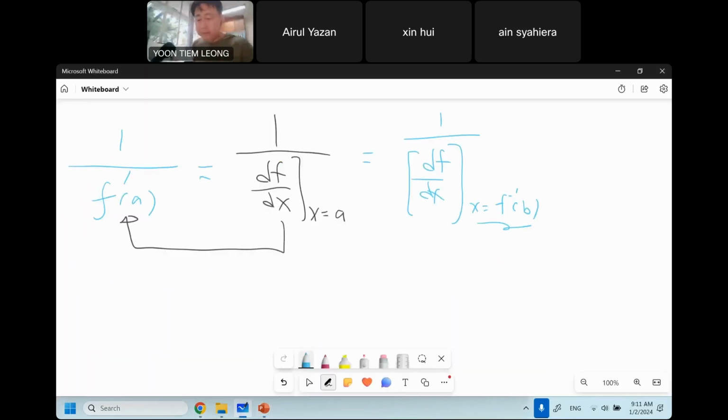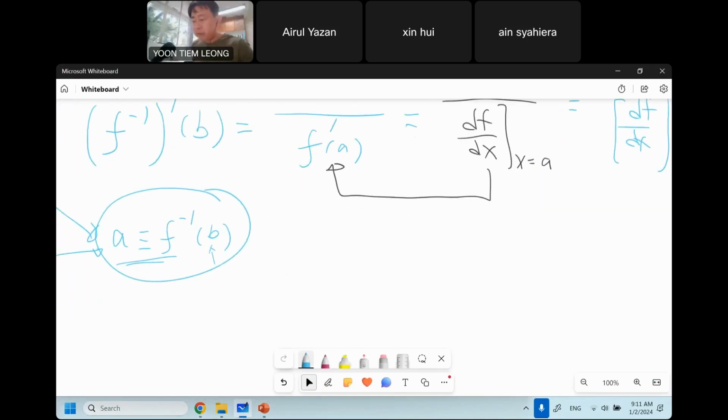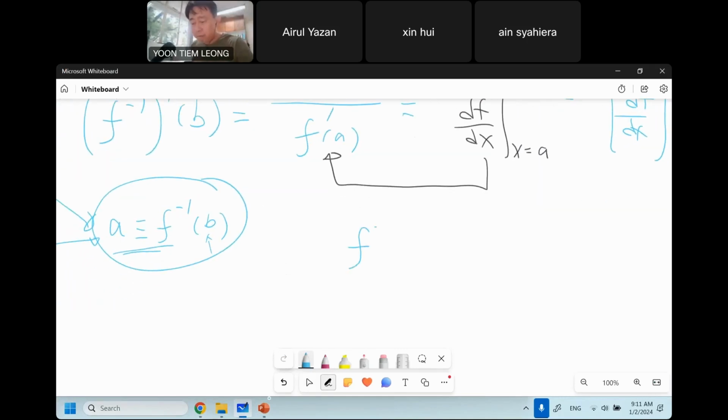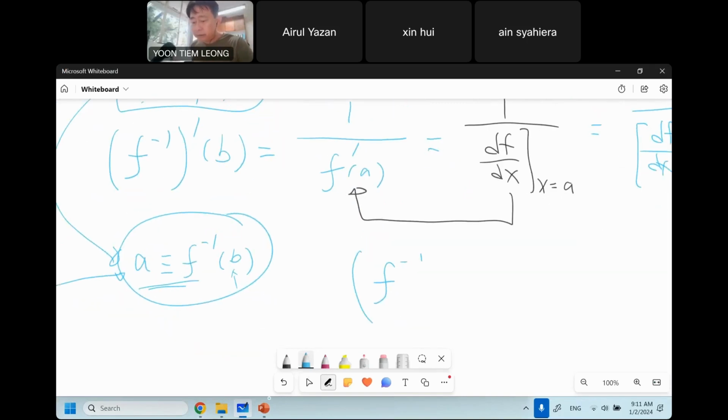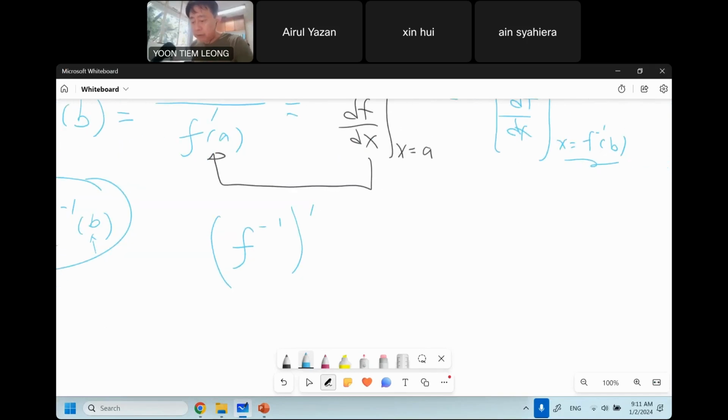It basically means the derivative of the inverse of the function evaluated at the point x equals b is simply equal to 1 over the derivative of the function f.